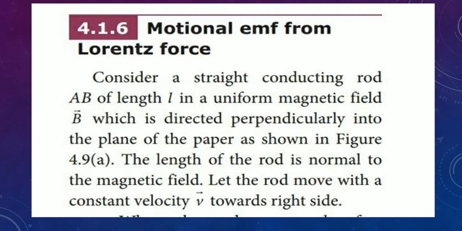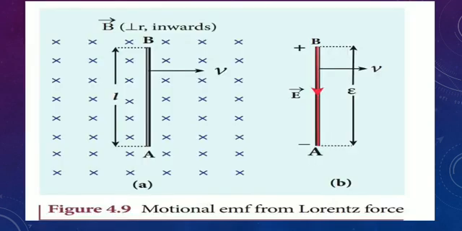At the same time, the rod moves with constant velocity towards the right side. The rod moving in a uniform magnetic field to the right definitely experiences a magnetic Lorentz force. Okay, students, based on the theory, see this diagram.